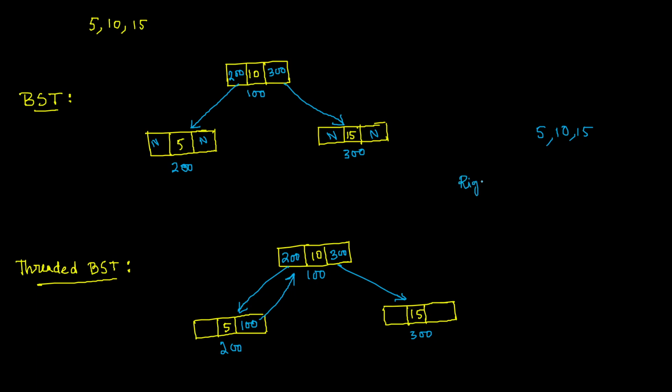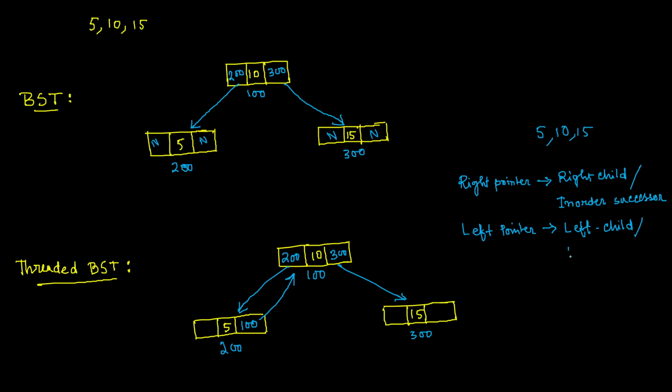The right pointer can point either to the right child or to the in-order successor, and a left pointer can point either to the left child or to the in-order predecessor.